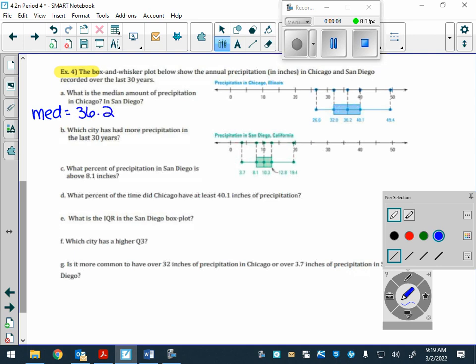Good. How about San Diego? James. 10.3. Good. Which city has had more precipitation in the last 30 years? Christian. Chicago. Just because the totals are more. Okay.